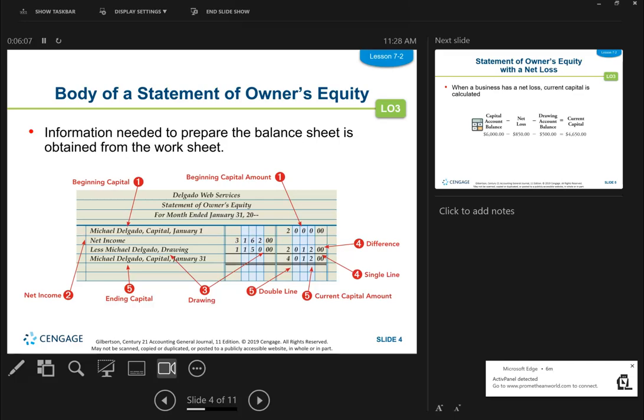Again, remember capital is basically the same as money in the bank, right? You get $2,000 at the start, this much came in from doing business, and we pulled this much out because I'm the owner, I'm taking money out because I need money. Not doing this for nothing. And whatever's left is how much money is left in the bank. Does that feel okay?